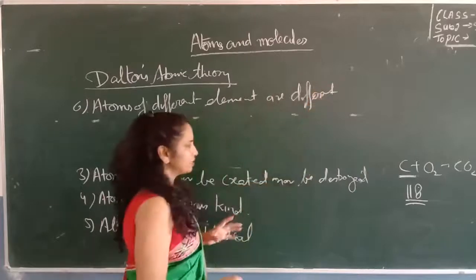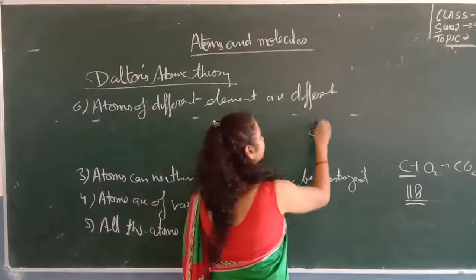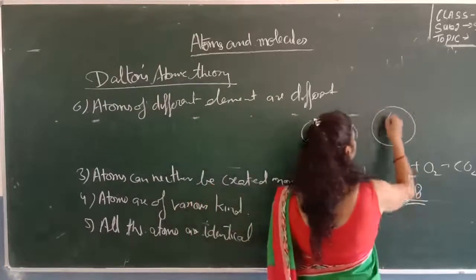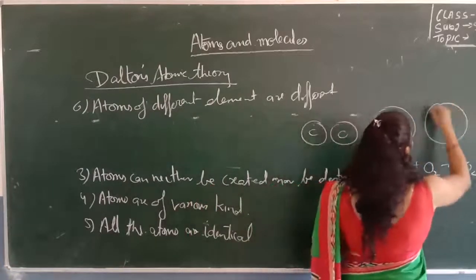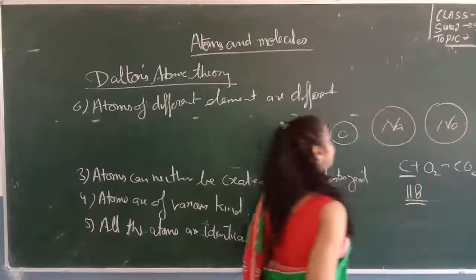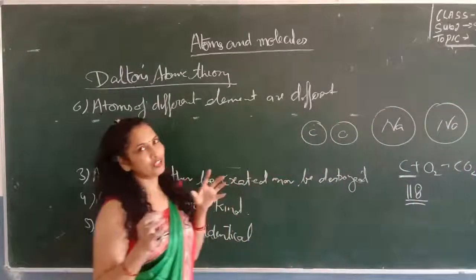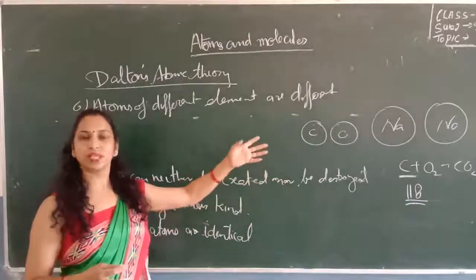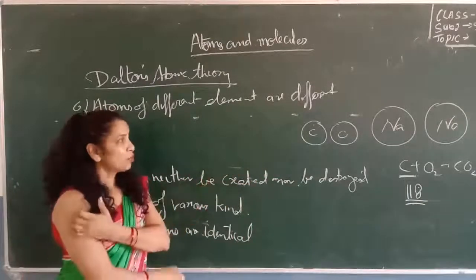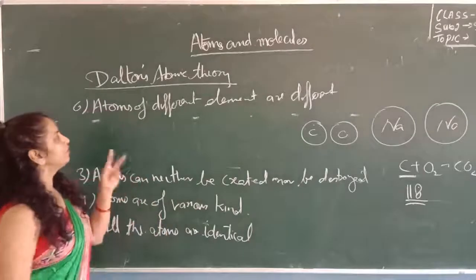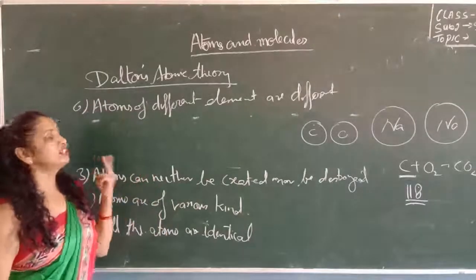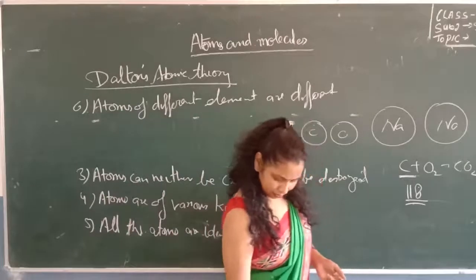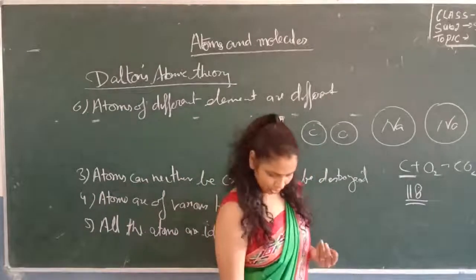Suppose we have some carbon atoms and some sodium atoms. According to him, these atoms are different in every aspect. They have different mass, different shape and size. So according to Dalton, different elements have different atoms, and they are different in all aspects like mass, size, shape, etc.